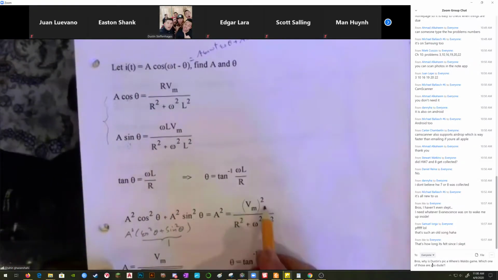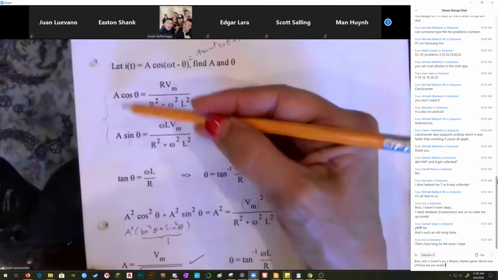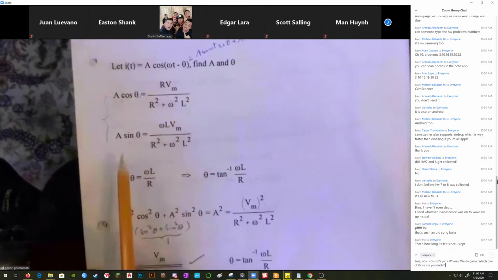So from here, you just get A. To get theta, I divide these two together. A sine theta over A cosine theta is tangent of theta. So your theta is an inverse function, correct?